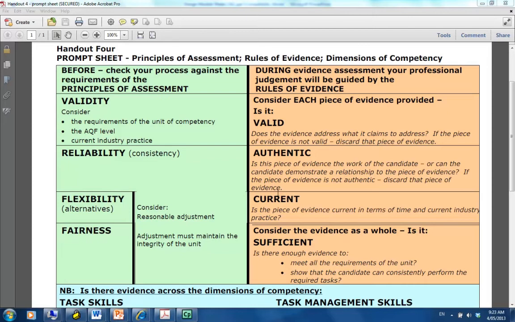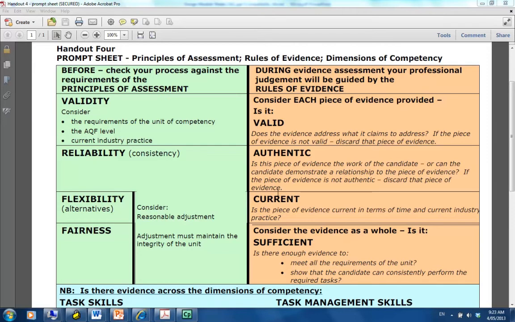Not just that you know that that's where the benchmarks are in red text, but you have read through those benchmarks and you understand very clearly what's expected. And if you're not certain, you would check back with the supervising assessor or the RTO or the training package resource kit provider who's provided those instruments for you.